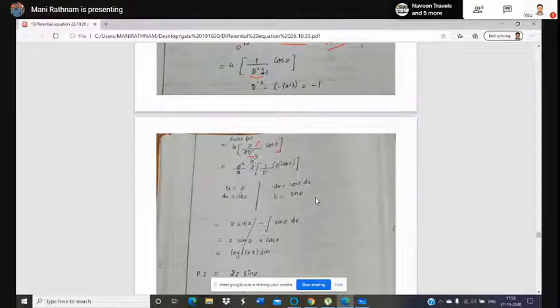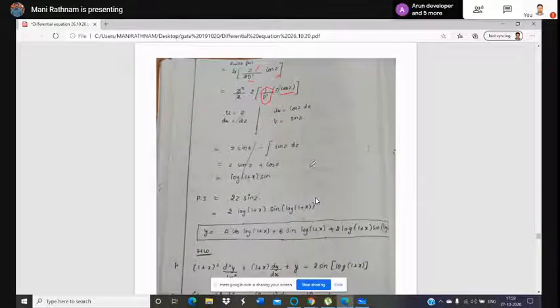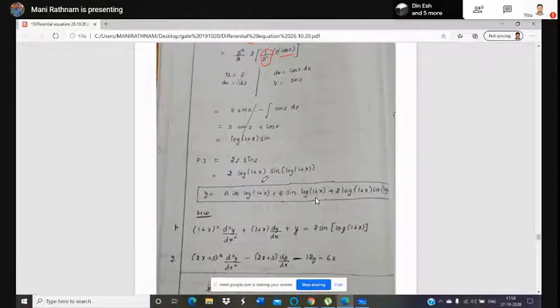So here the 2 cancels, so z by 2, and integration of cos z, because 1 by D'. Already recollected, D' means differentiation, 1 by D' means integration. So integration of cos z is nothing but sin z. So 2z sin z.